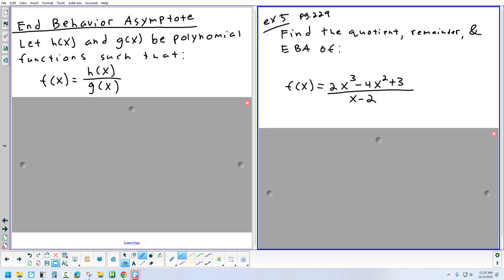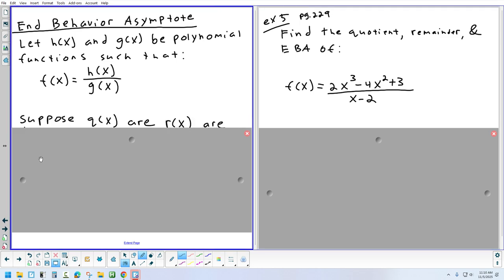Now, when you divide two polynomials, you get an answer, and your answer has two parts. Does anybody remember what we call the two parts? When you do long division, you get a quotient and a remainder. Yep. So we get a quotient and we get a remainder.